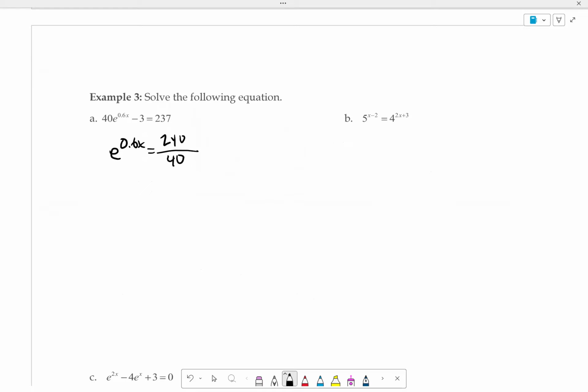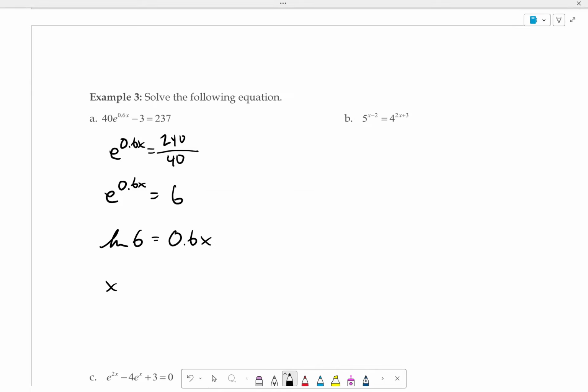You're rolling for 300? So it then becomes ln of 6 equals 0.6x. Perfect. And then you write that as 5/3 times ln of 6 equals that.